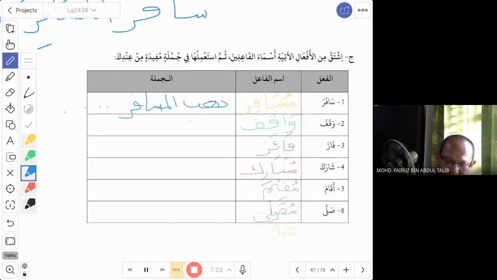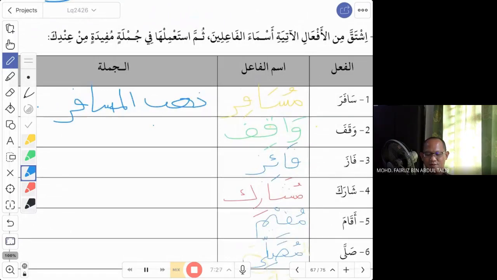Yes, good. Second word, waqif, standing. Or not moving, that is also waqif. Maybe you can say, oh, the car is not moving. Or the car stops. How do you say that? The car?